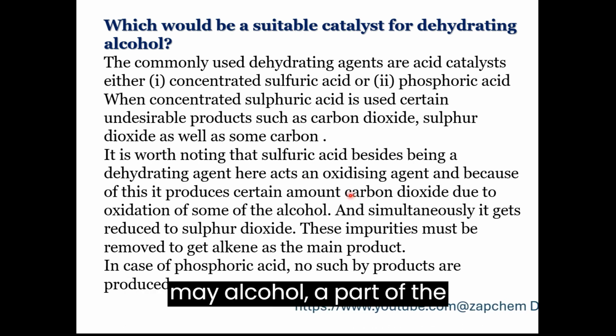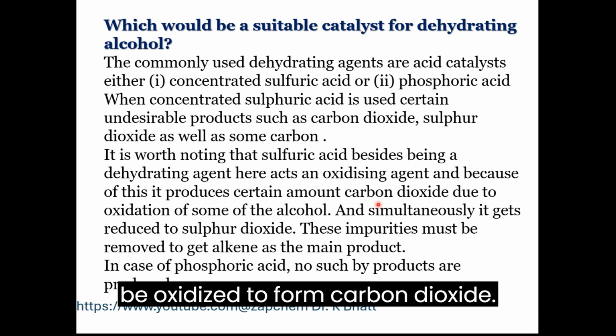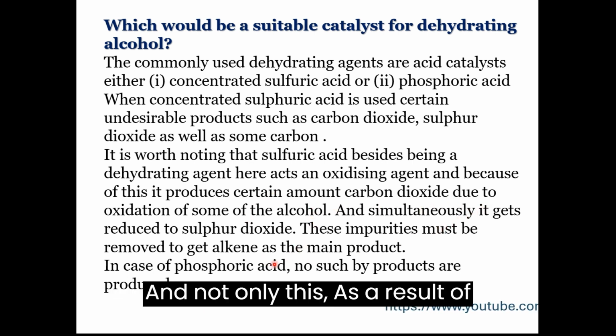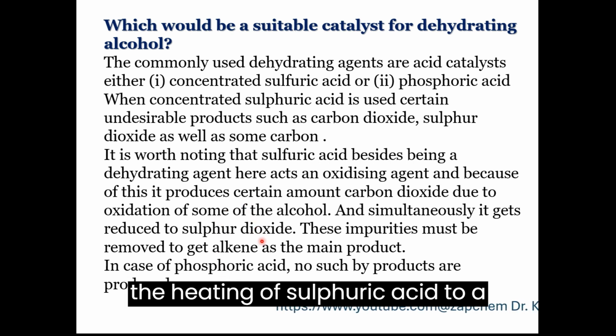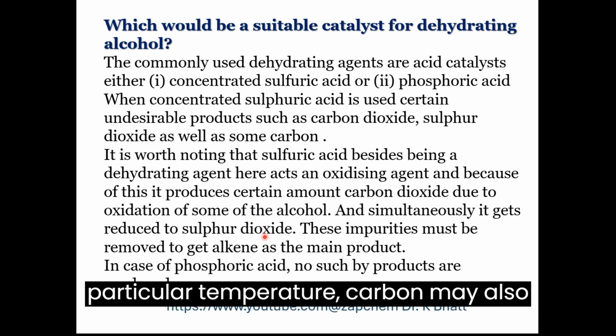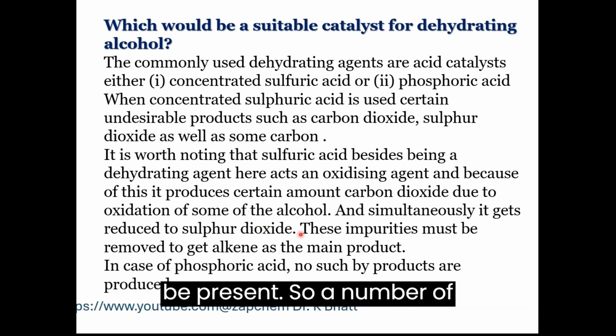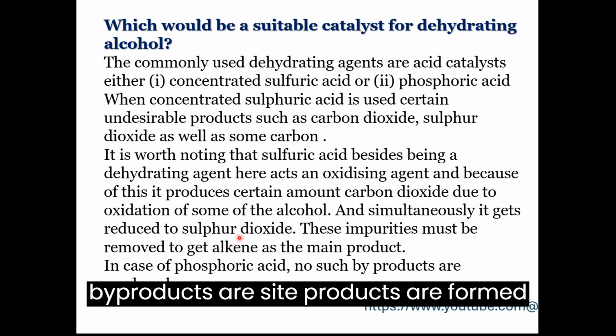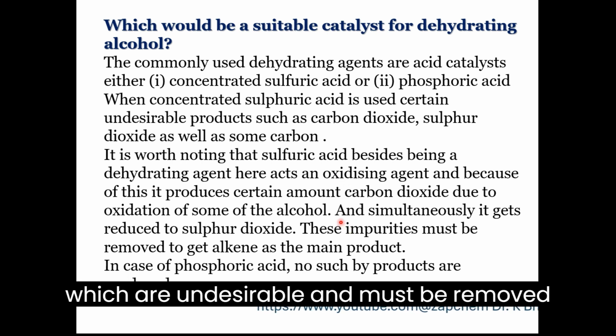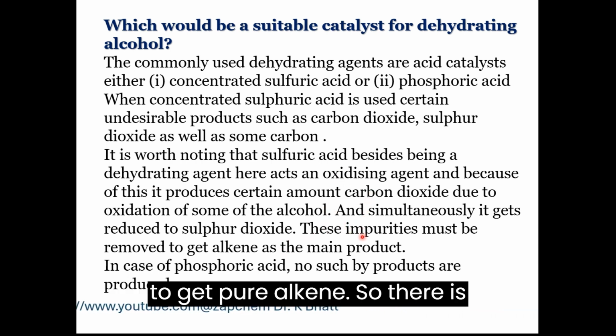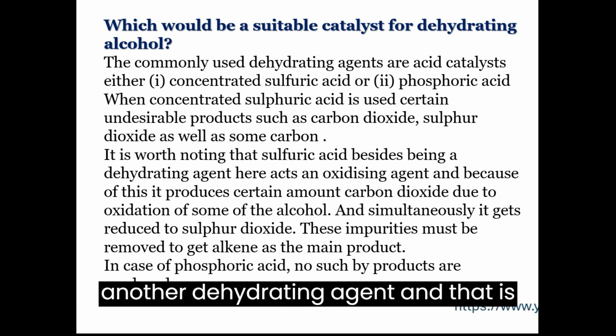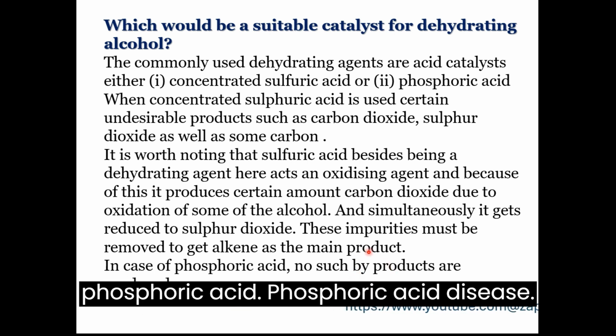A part of the alcohol may be oxidized to form carbon dioxide. And not only this, as a result of the heating of sulfuric acid to a particular temperature, carbon may also be present. So a number of byproducts or side products are formed which are undesirable and must be removed to get pure alkene. So there is another dehydrating agent and that is phosphoric acid.